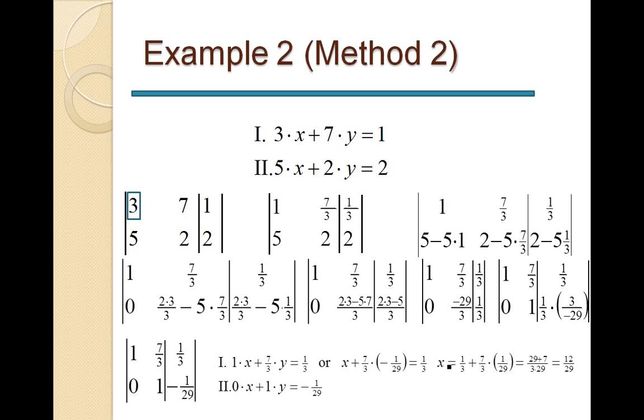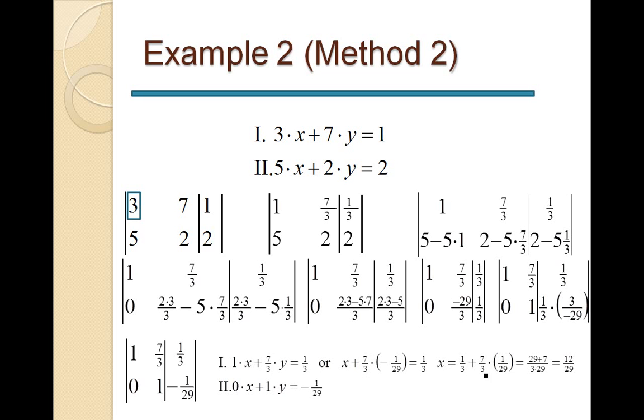So x is equal to 1 over 3, and we have to put this part, 7 over 3 multiplied with minus 1 over 29, to the right hand side, changing its sign to a plus. We get 7 over 3 multiplied with 1 over 29, so we have to first multiply this times 29 and this times 29, and we get 29 over 3 times 29.